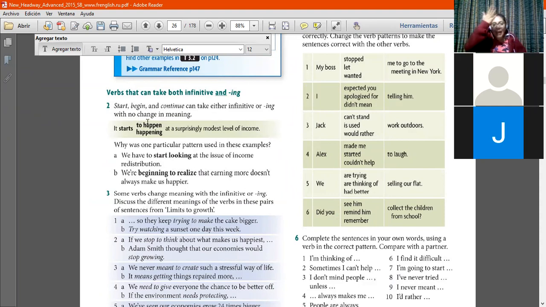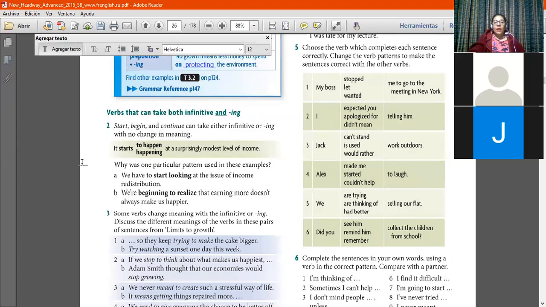Yo sigo con mi begging. Begin. Start, begin, and continue can take either infinitive or ing. Now let's look at what we read. With no change in meaning, like this. It starts to happen at a surprisingly modest level of income, or it starts happening at a surprisingly modest level of income. So, no hay problema. Yeah? That is the ing or the infinitive.